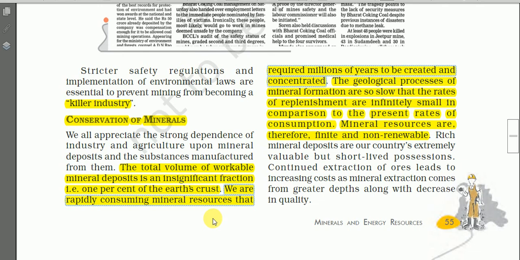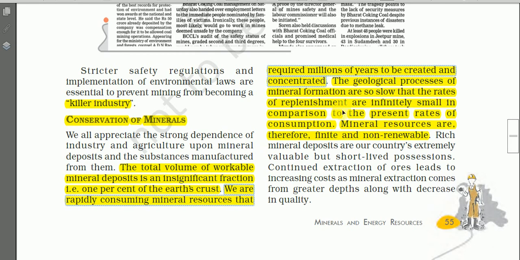That means the extraction rate is very high, whereas the rate of formation is very slow.